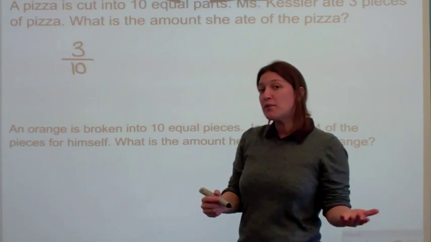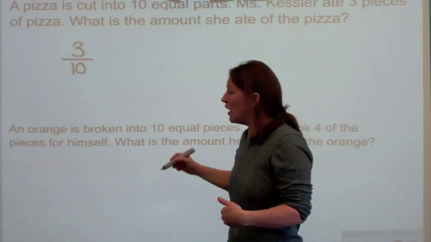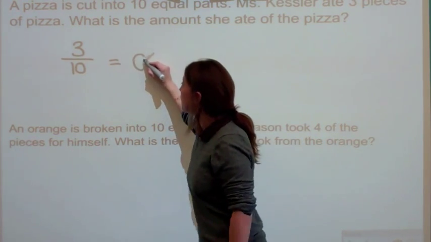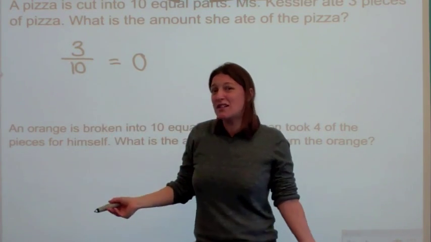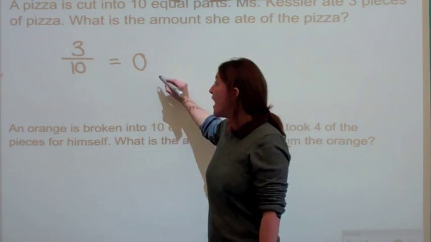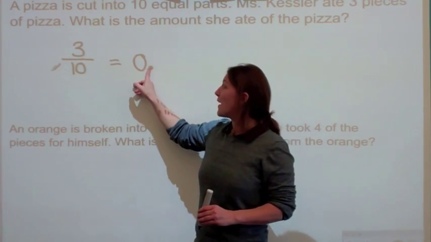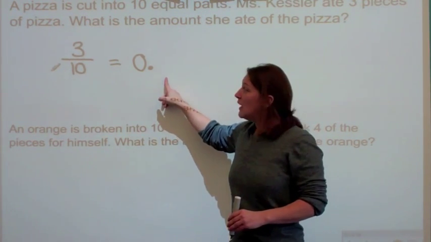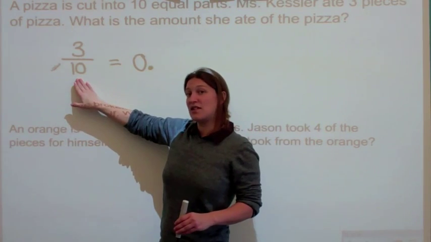But if I want to represent 3/10 as a decimal, I have to remember that the whole number comes first, and there is no whole number in this because it's just a fraction. And then comes my decimal point. Remember, because my decimal point separates my whole number from the part of a whole.